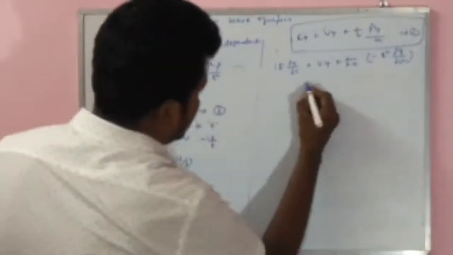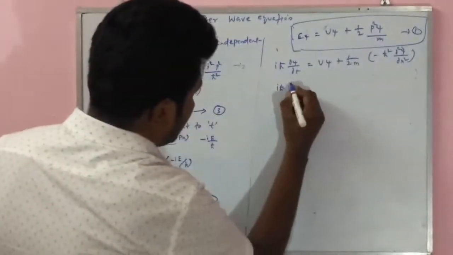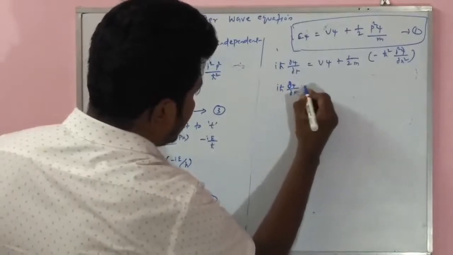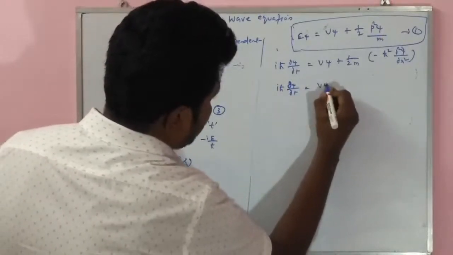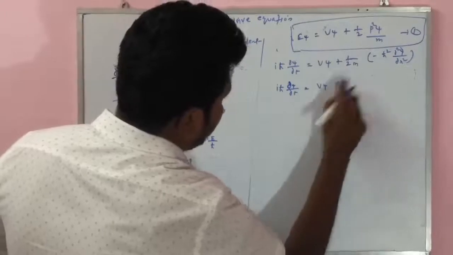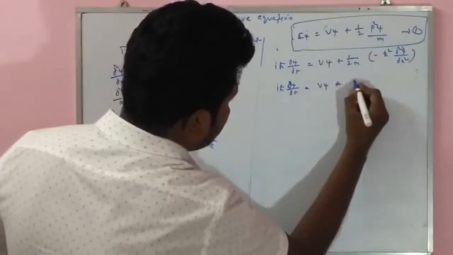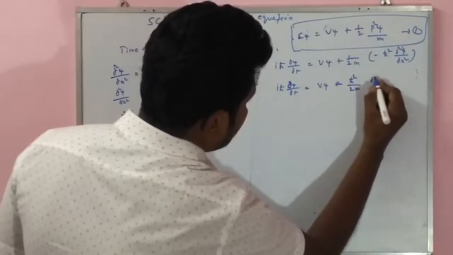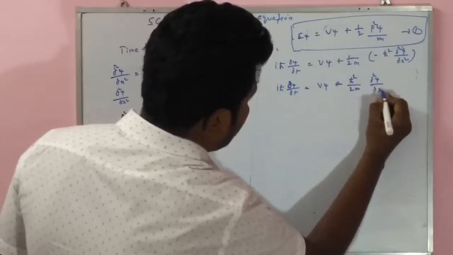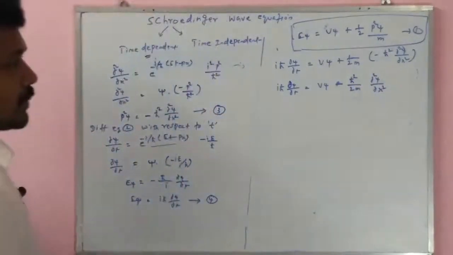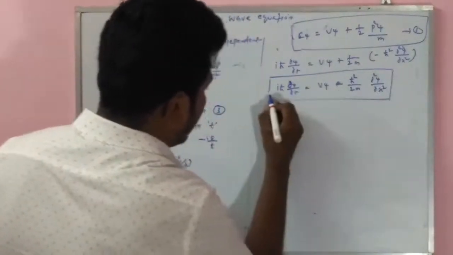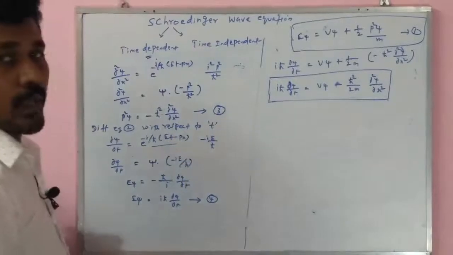So the answer is iħ ∂ψ/∂t is equal to Eψ plus, that means minus, ħ²/2m into ∂²ψ/∂x². Understand? Like these equations are known as time dependent wave equations.